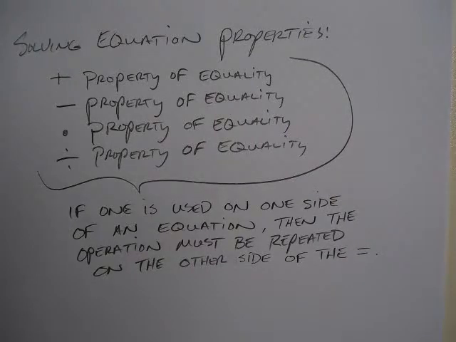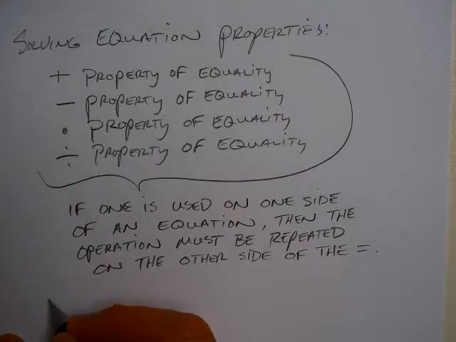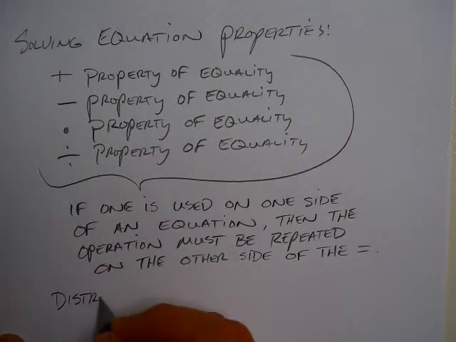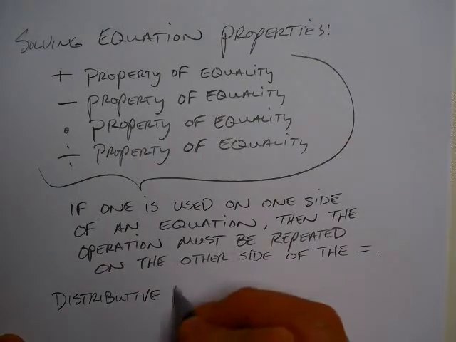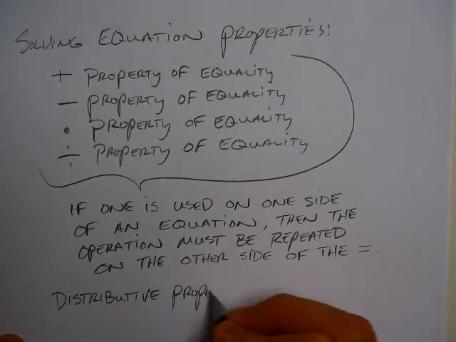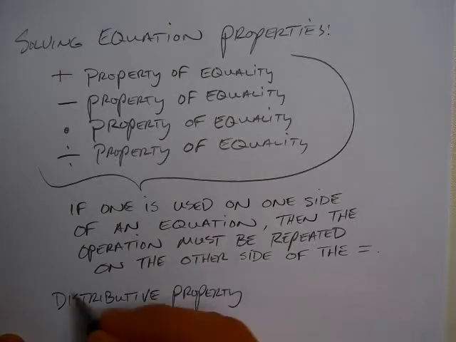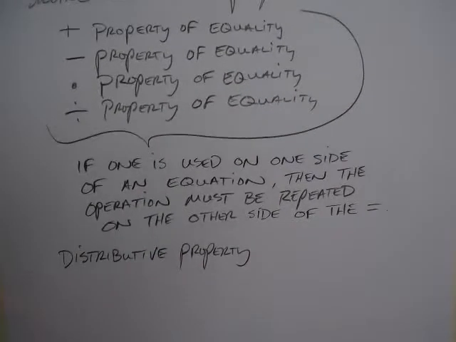Okay? So the one other property that I'm most concerned with you knowing is the distributive property. It isn't one that has to be repeated on both sides of the equation.